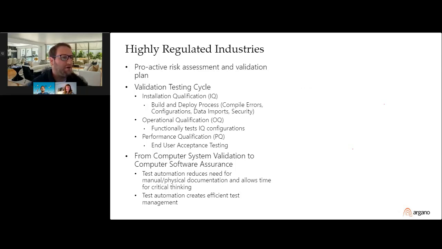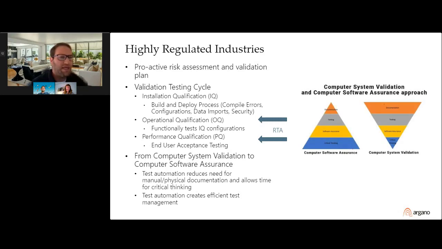So RTA, regression test automation, here on the OQ and PQ. And this alleviates, as Ina mentioned earlier, that you have business users in the PQ testing the process. So if you have, say, an update to D365 and you want to make sure that things like workflows haven't changed, you can generate those test cases in an automated fashion, where you can alleviate the time from the business user and have the software run it by itself using the set of security, or whatever it may be, how you have it configured for the user, so you don't have to have 6, 7 people in a room to do the testing.